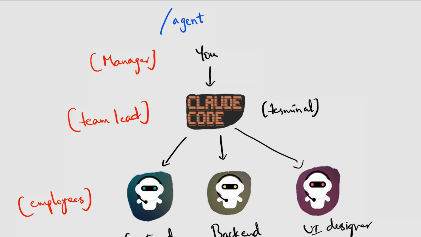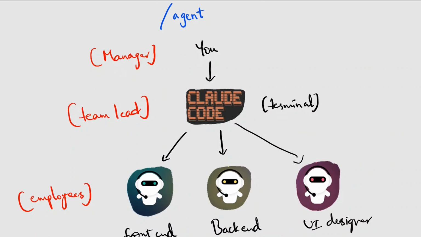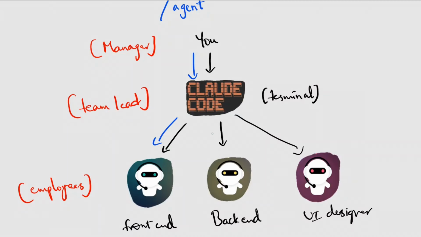Then Claude Code will assign each task to different kinds of agents respectively. So when I'm trying to build a website, there should be a need for a front-end engineer, back-end engineer, and UI designer, and we have some other roles also. Claude Code will assign the front-end tasks to a front-end agent, back-end tasks to a back-end agent, and the design of the website to the UI designer.